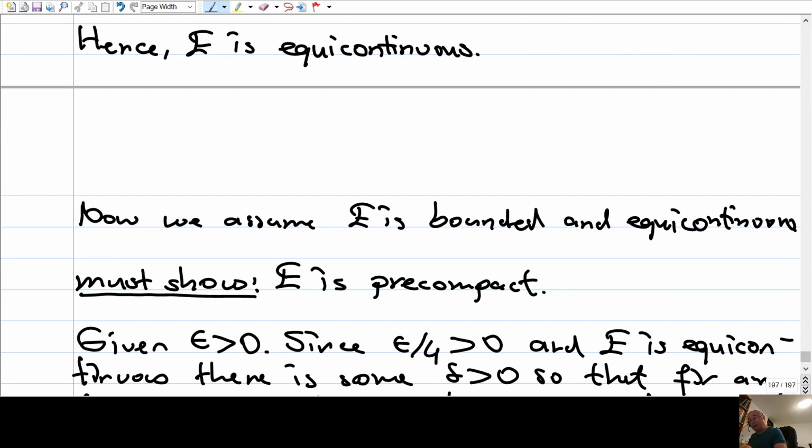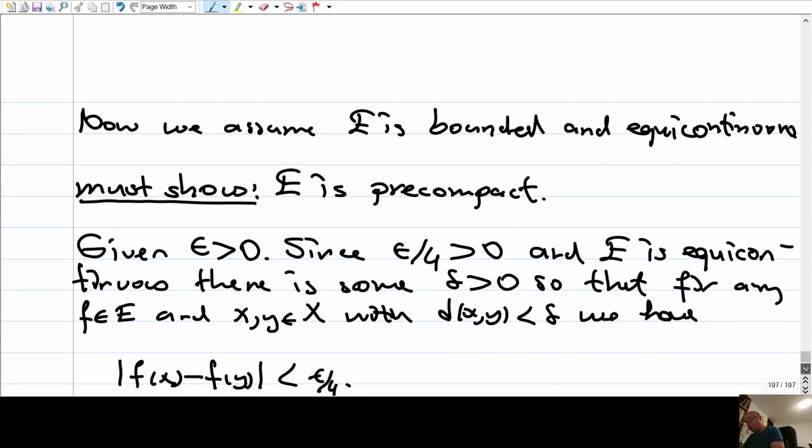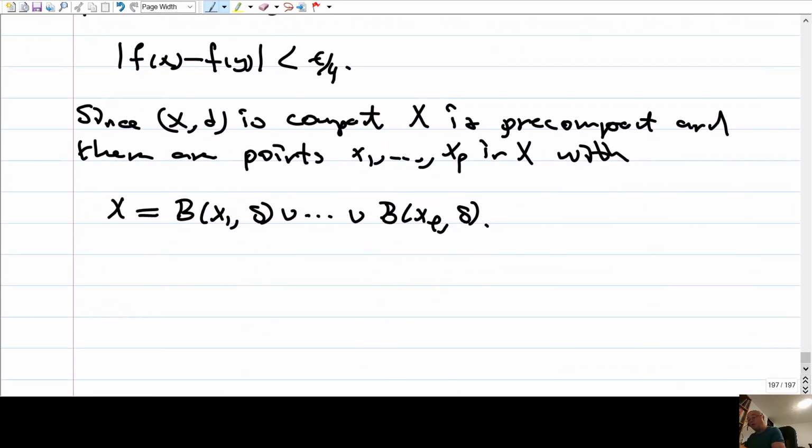On the other hand, E is bounded. We know that E is bounded. Therefore, the whole subset E is contained in some ball, and I can choose the center of this ball to be any function I want, and I'll choose the following function.